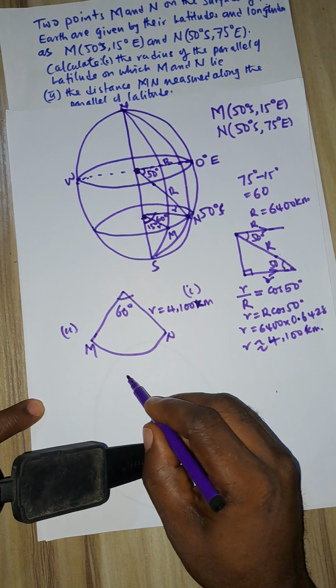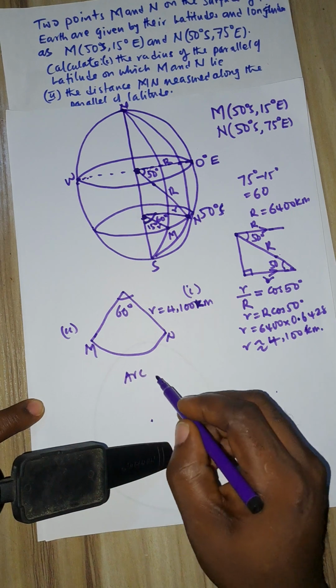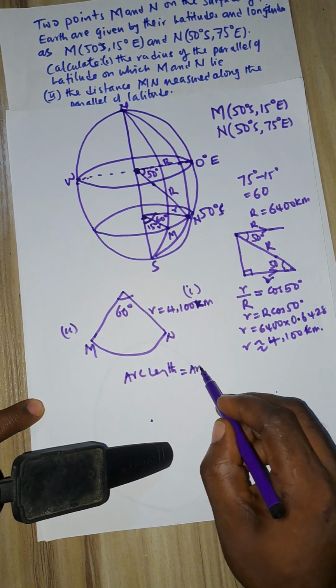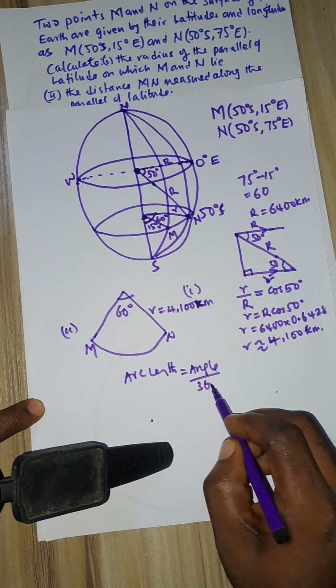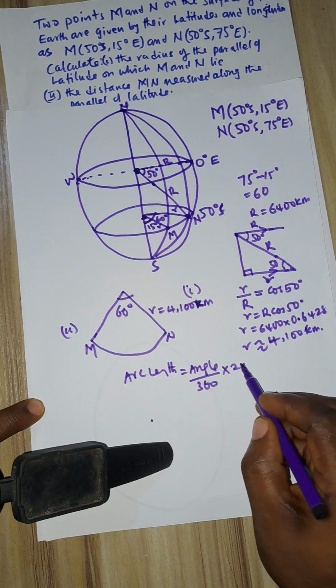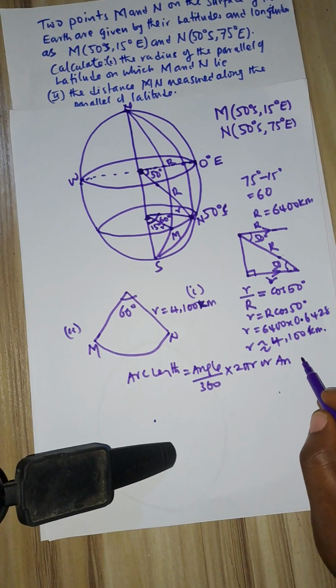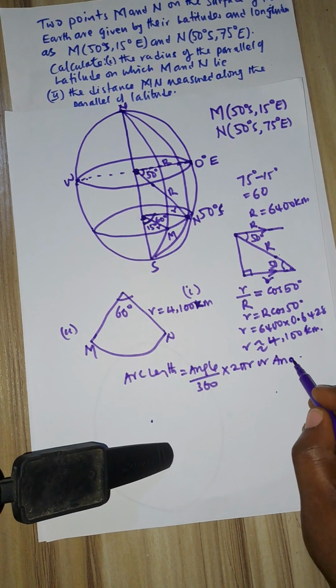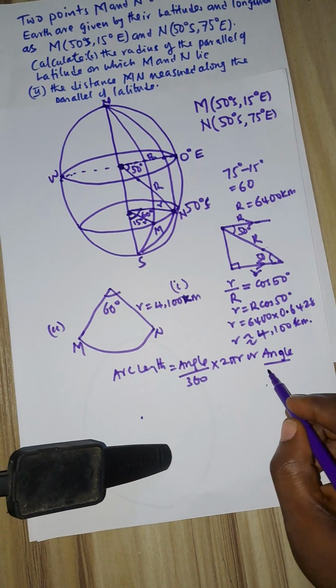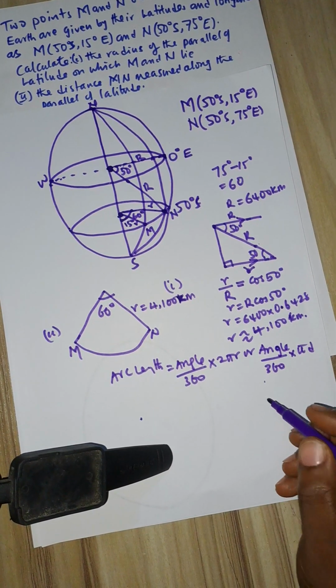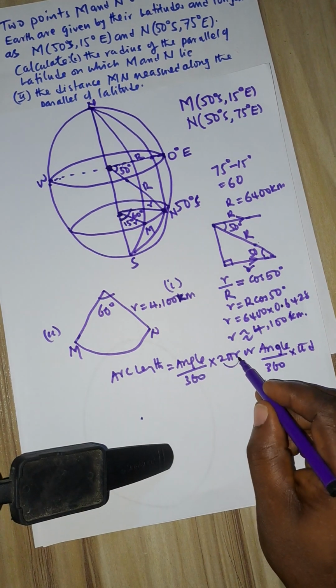The length of an arc is generally angle over 360 times 2 pi r, or angle over 360 times pi d. This is true because 2 times r is d.